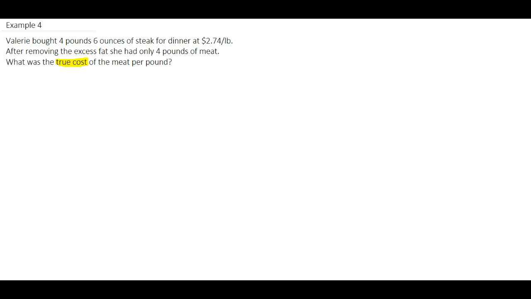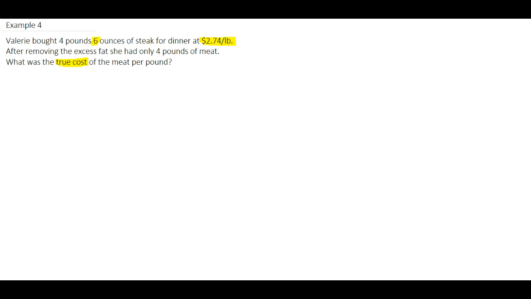And so we need to ask, how much did she pay for that steak? Well, we know that she pays per pound. And so we have 4 pounds 6 ounces. We have to convert that 6 ounces into pounds.